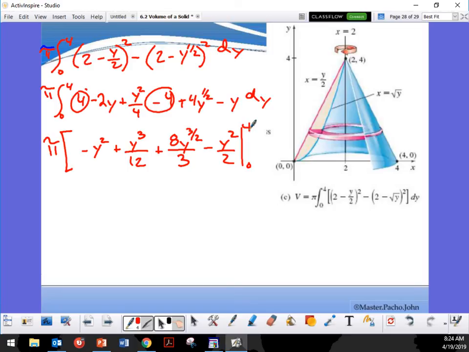What's the integration of negative y? There's negative 2y, I know, but I didn't combine them yet. If you do combine them, you get negative 3, so it's negative 3y squared over 2. It's the same thing, I just didn't combine before I did that. You'll get the same.